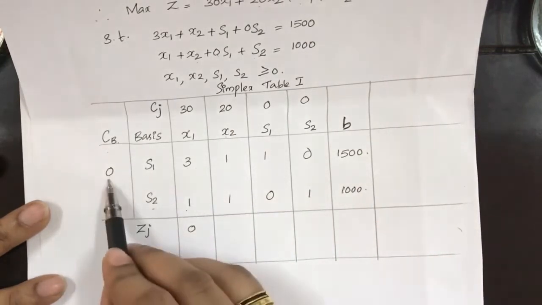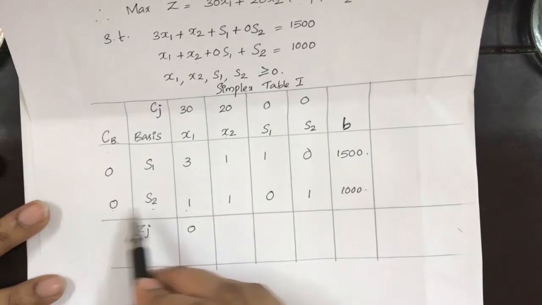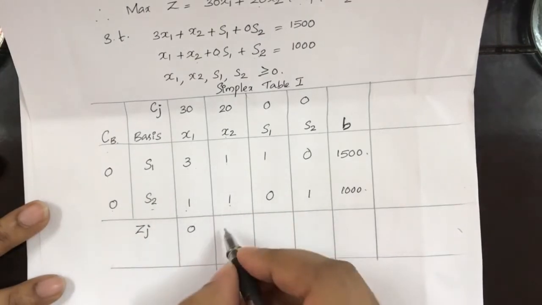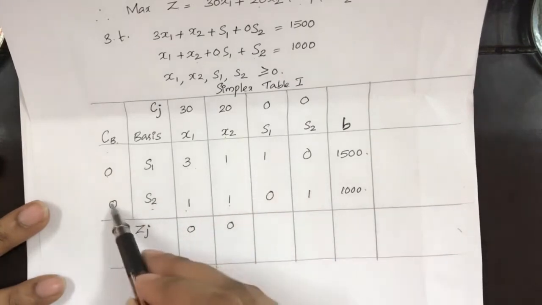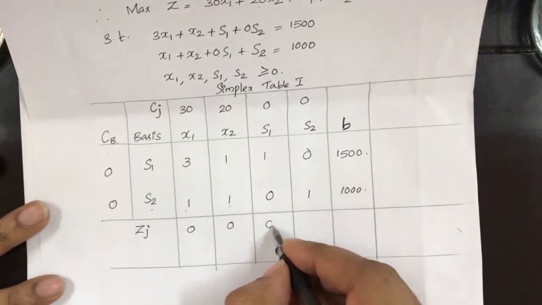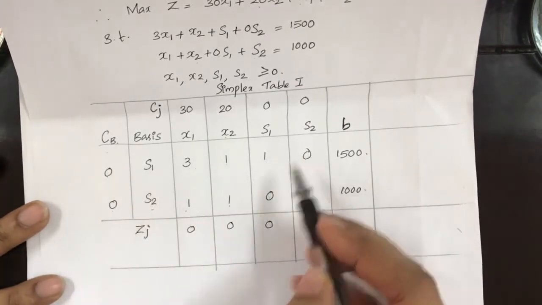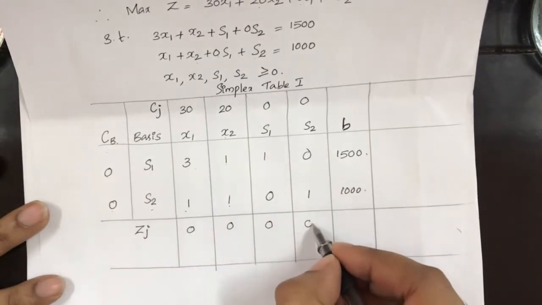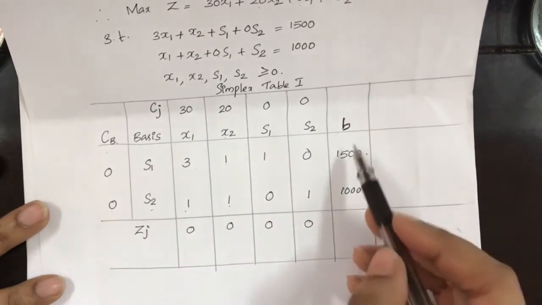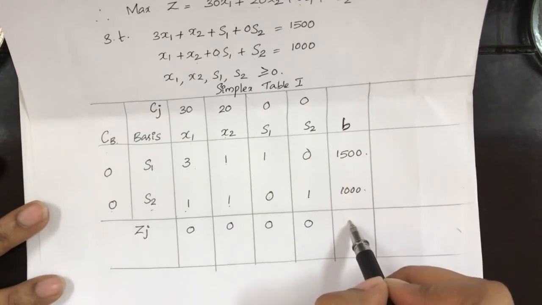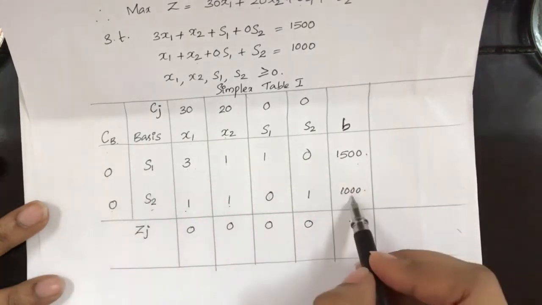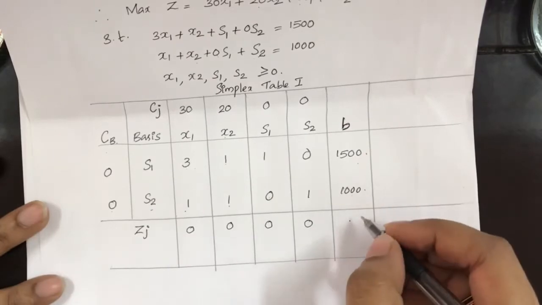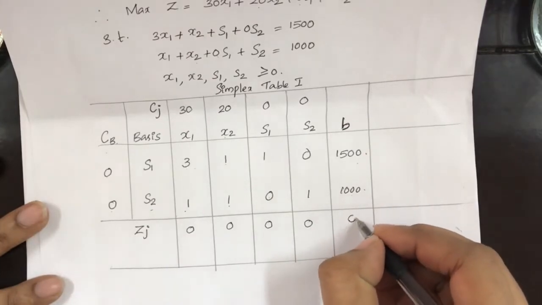Next column, 0 into 1 plus 0 into 1, 0. Next, 0 into 1 plus 0 into 0, 0. Then 0 into 0 plus 0 into 1, 0. Also write the value of Zj for column B: 0 into 1500 plus 0 into 1000, the value is 0.